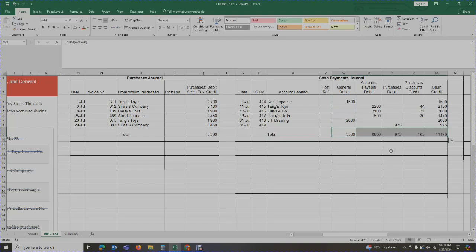So we've got $3,500 under general, $6,800 under accounts payable, $975 under purchases, $105 under purchases discounts, and $11,170 under cash.